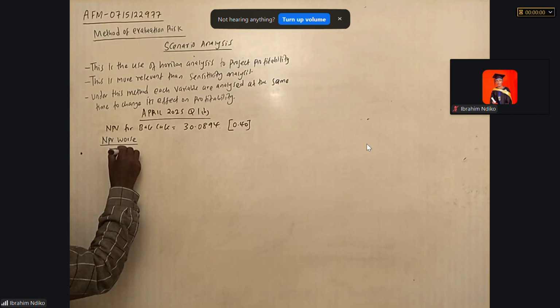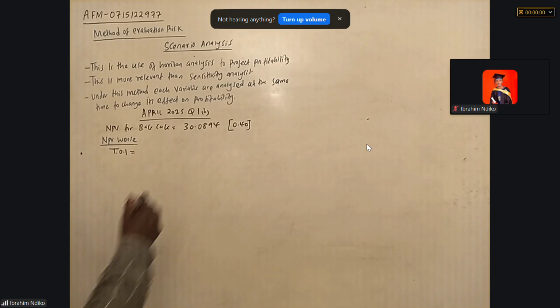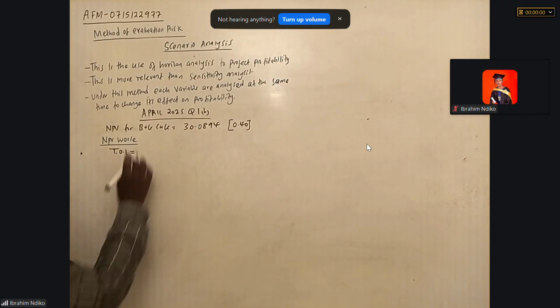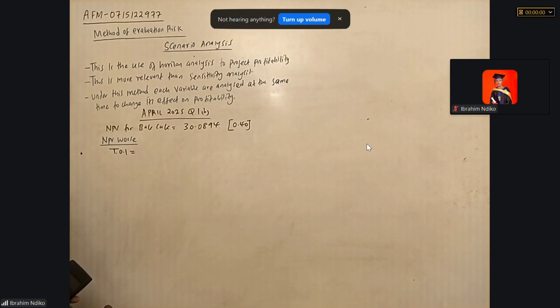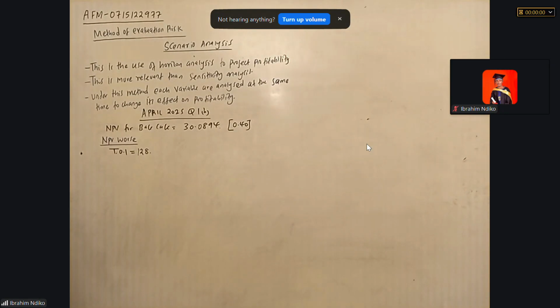What is the cost for the worst case? The cost will be the same. Whether we are in the worst or bad condition or whichever condition, the cost will remain 128. So it will remain the same for all the cases.